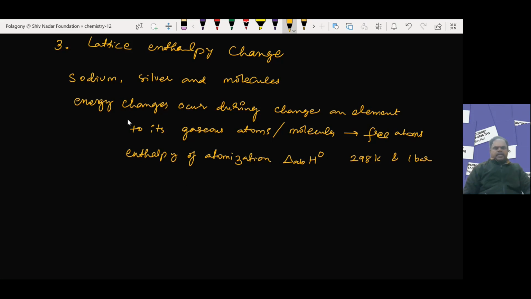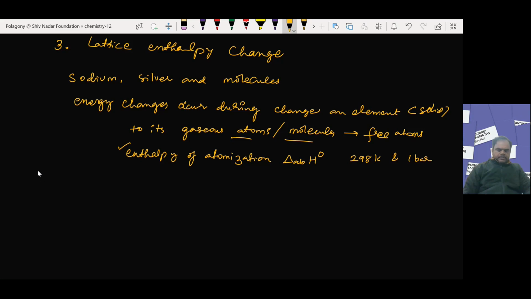So once again, the energy changes that occur during the change of a solid element to gaseous free atoms, or the conversion of molecules into free atoms, is the enthalpy of atomization. If it is measured at standard conditions, it is the standard enthalpy of atomization.